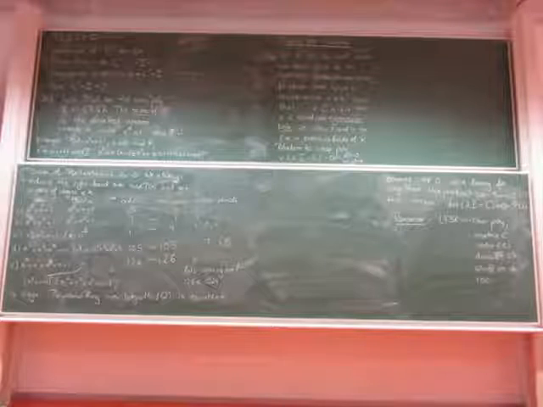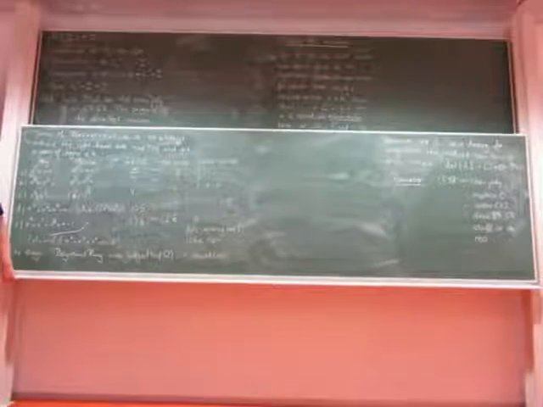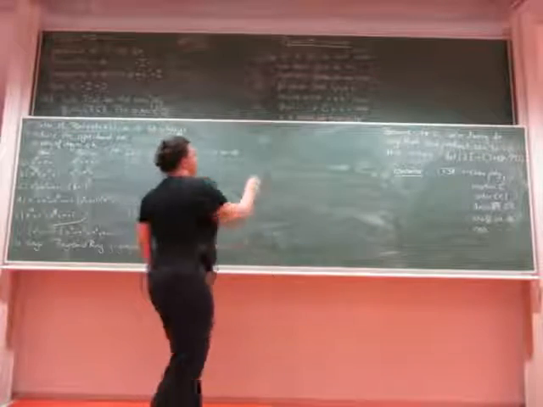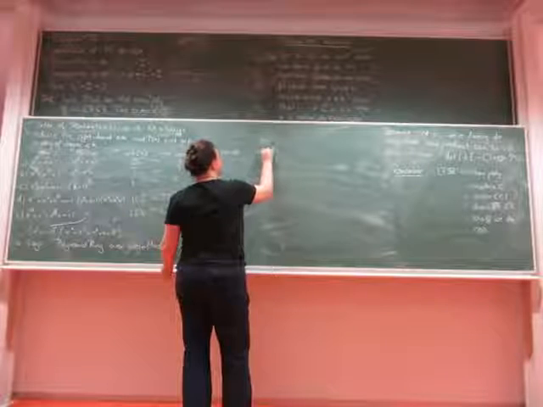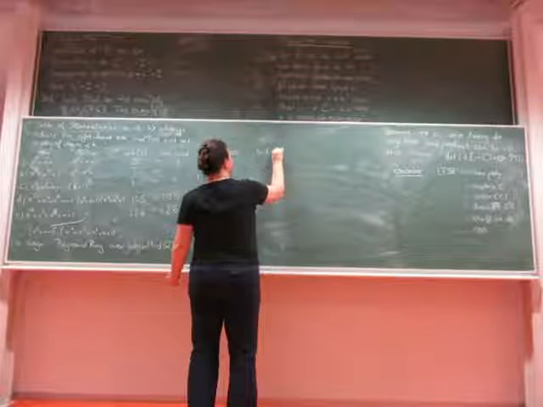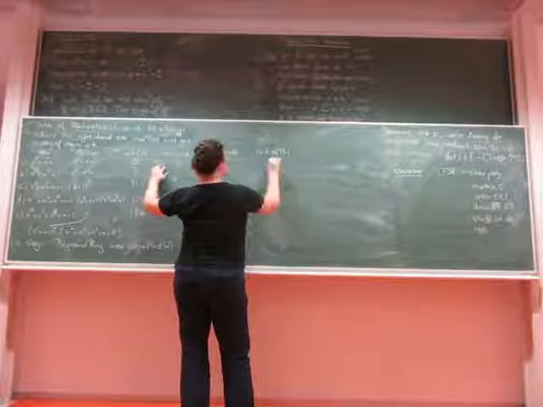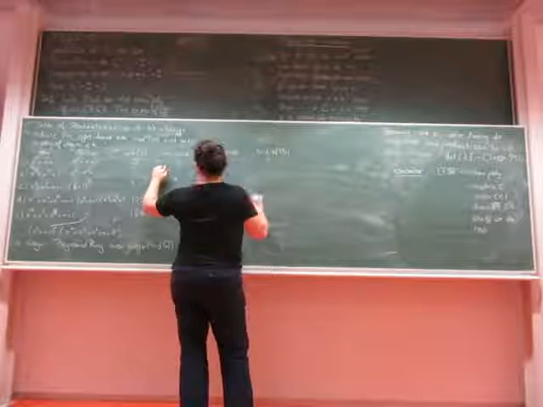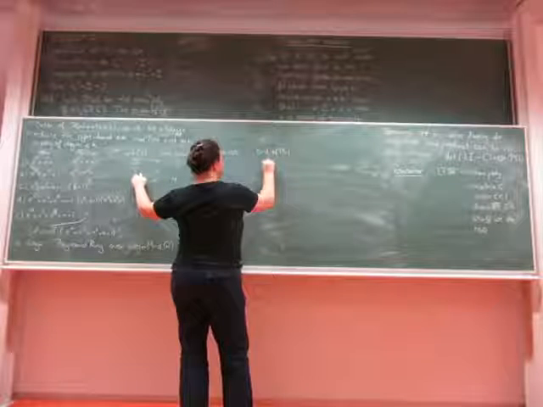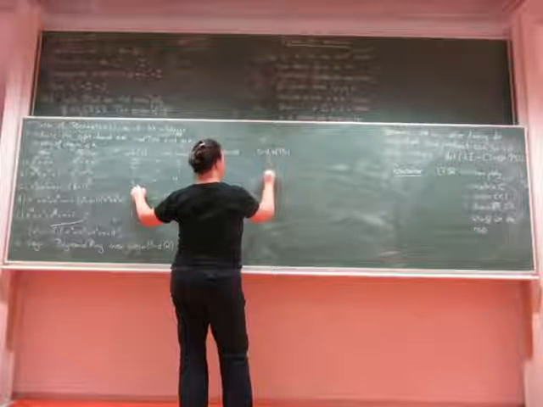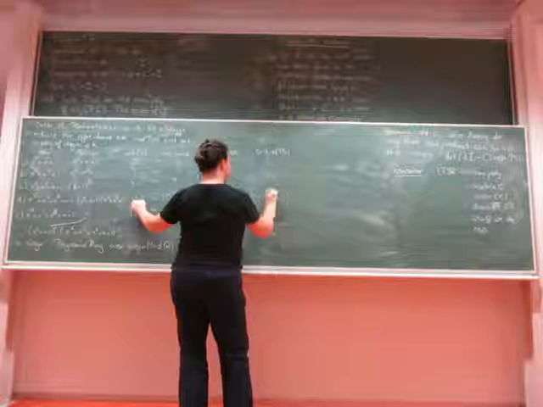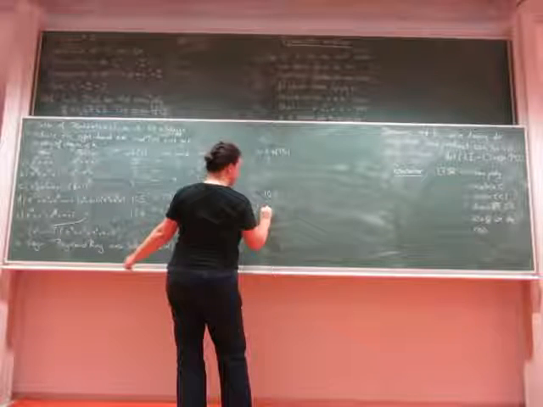Now I didn't erase this one because I want to add another column to it. So if I want to have here the order of p of x, then we just computed this one has order 3. If you now sit down and do this for all of them, then we're getting 7, 4, 105, and 126.